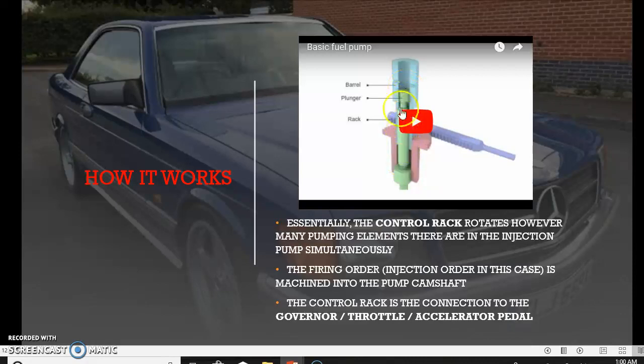And also you would time the camshaft in relation to your crankshaft to make sure your injections will fire at the appropriate time. In this case, if this pumping element was for cylinder number 1, it would be timed for number 1 TDC, the moment the cam lobe pushes up on this ram here.